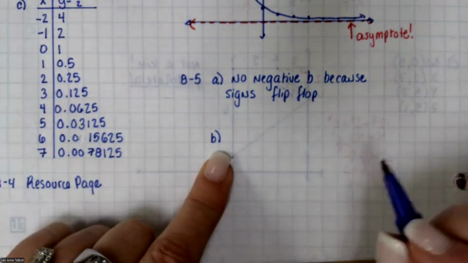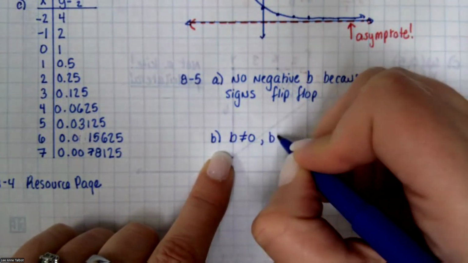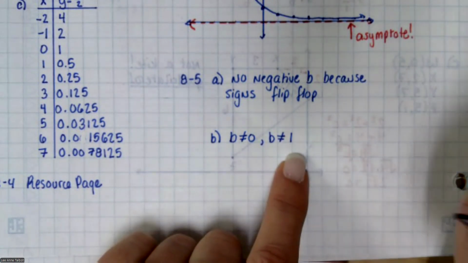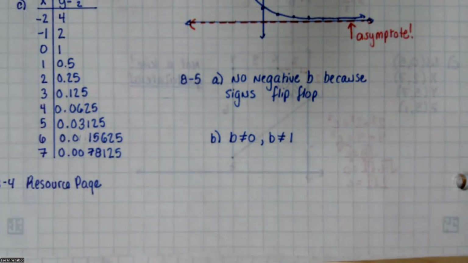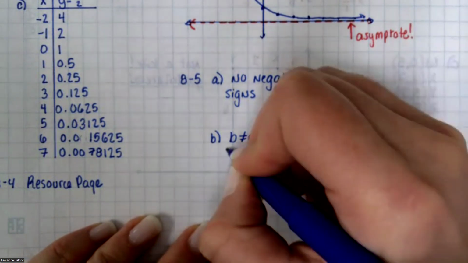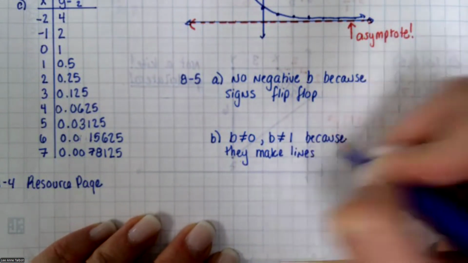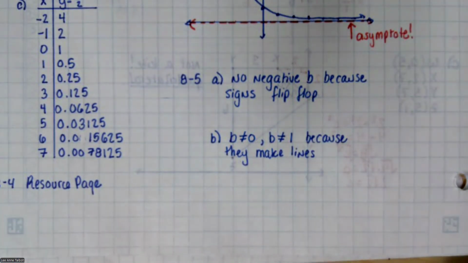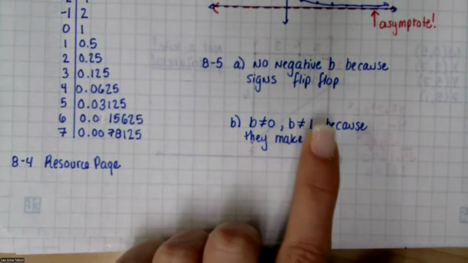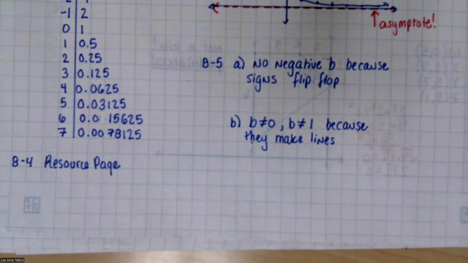Okay, we're also going to give a hard pass to b being 0 and b being 1 because those are just lines. So for our class, we're not going to have negative b's, and we're not going to have b is 0, and we're not going to have b is 1. The 2 top boxes on the resource page are the ones I care about.